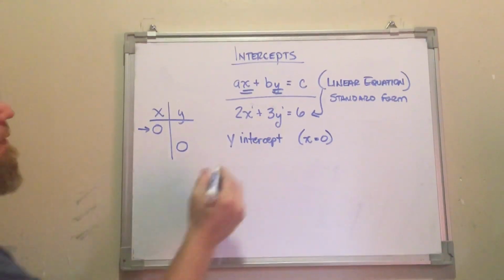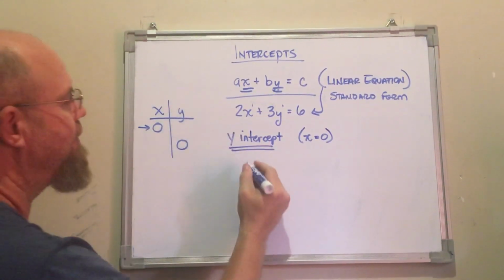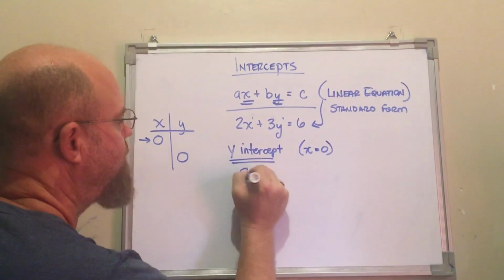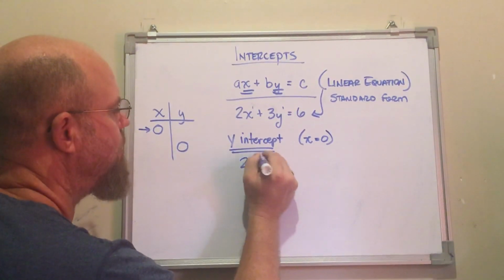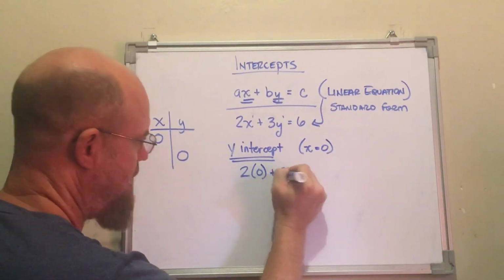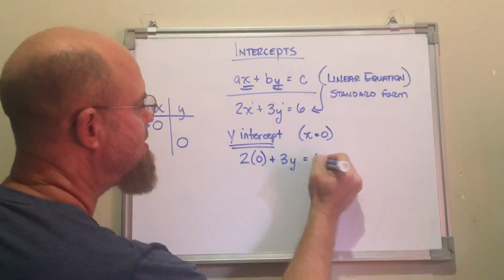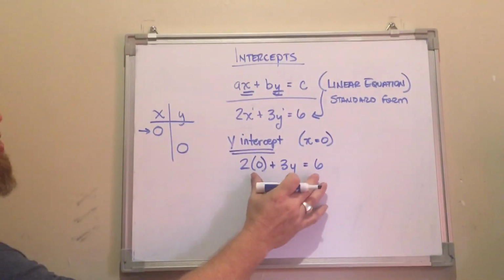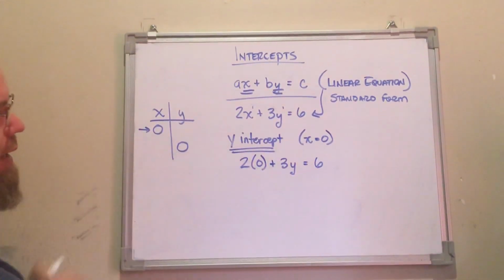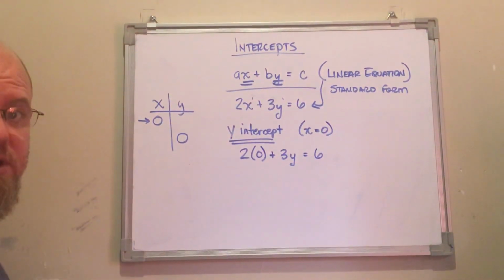So we're going to plug 0 in for x. I have 2 times 0, x is 0, plus 3 times y equals 6. And all we're going to do is solve this equation for y. Well, 2 times 0 is 0.